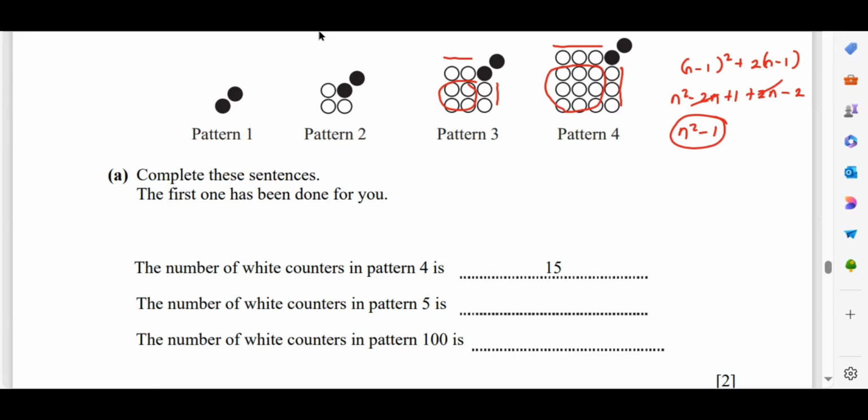So that's why the number of white counters in pattern 4 will give us 4 square minus 1, which is 16. For pattern 5, 5 square minus 1 will give us 25.